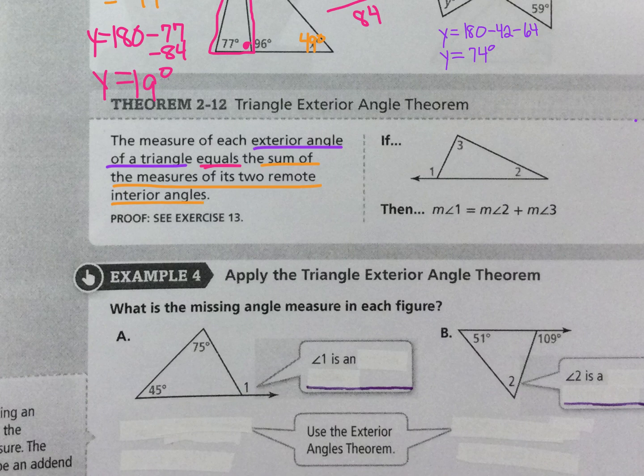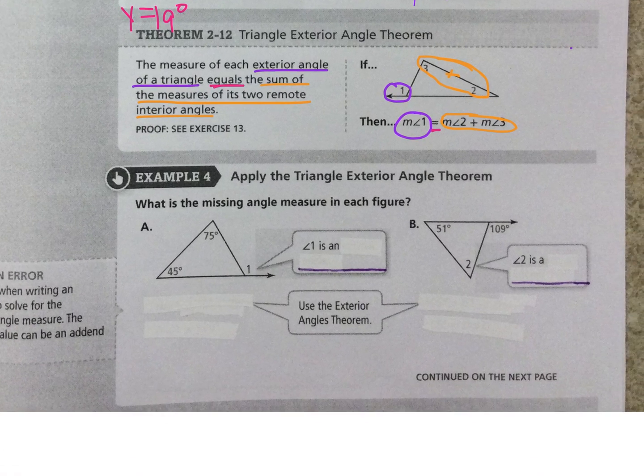So the exterior angle equals the sum of the remote interior angles. And do you see? Here's the exterior angle. Here are the two remote interior angles.